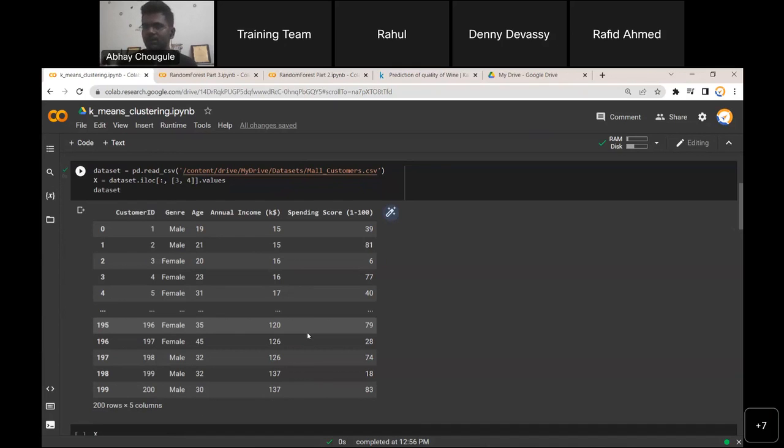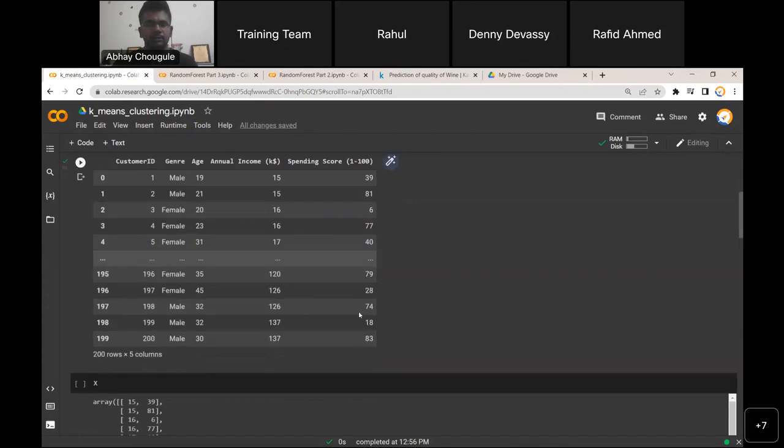You can only imagine how to make groups of the customers. If you want 5 clusters, that means 5 groups; if you make 3 clusters, it will create 3 categories. It depends upon the observation points. This is a little bit tricky to understand, so I will show you one example.